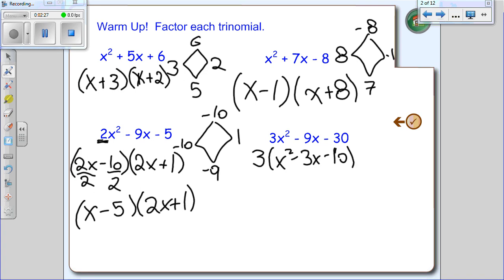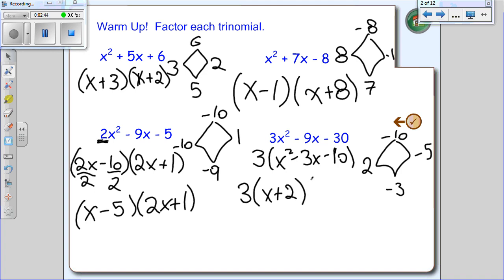Things that multiply to be negative 10, add to be negative 3 would be negative 5 and 2. That means your factors are 3, x plus 2, and x minus 5. I'm going pretty fast through those because you guys should be really good at that by now. You've been doing it for 2 years, and we've done it basically for 2 months in this class.